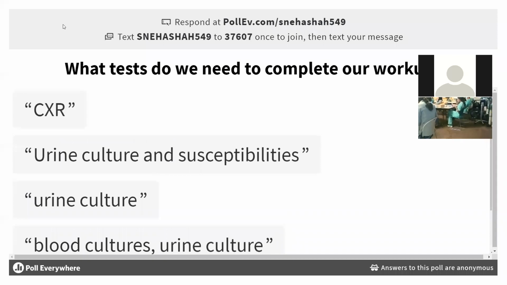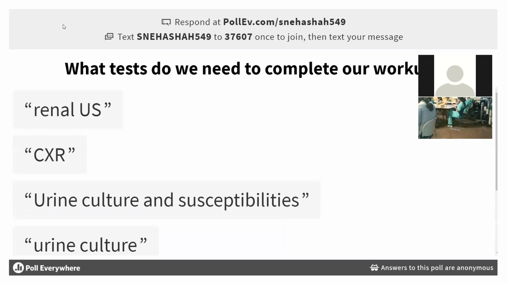Great, chest x-ray. Yeah, good work, guys. So renal ultrasound, beautiful. These are some very thoughtful answers, and you guys are appropriately choosing tests to do which are standard of care for sepsis, but not getting above and beyond expensive studies that may not be helpful to us.